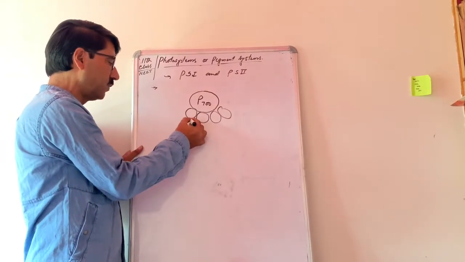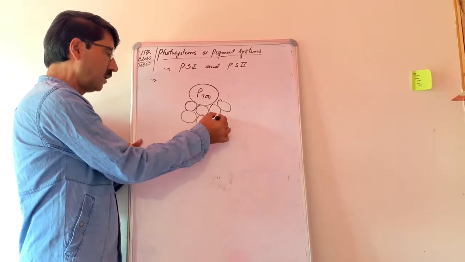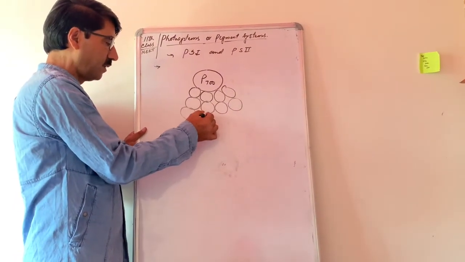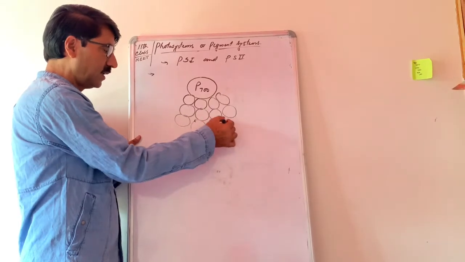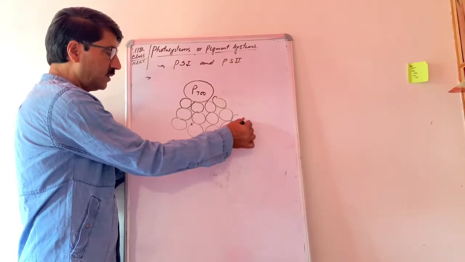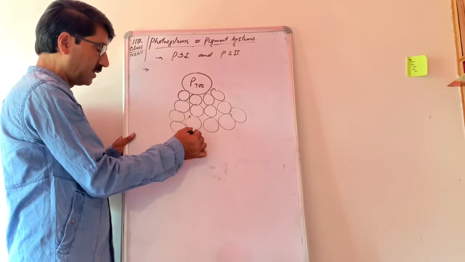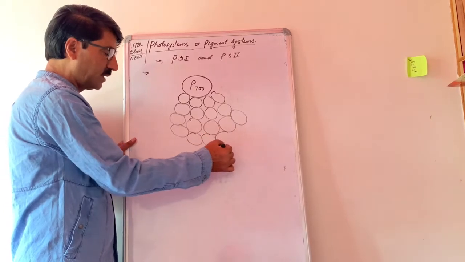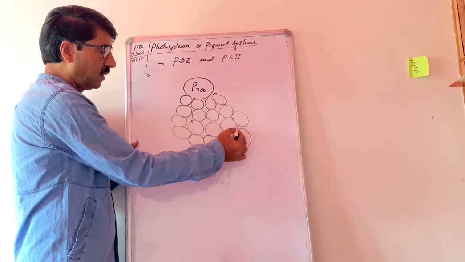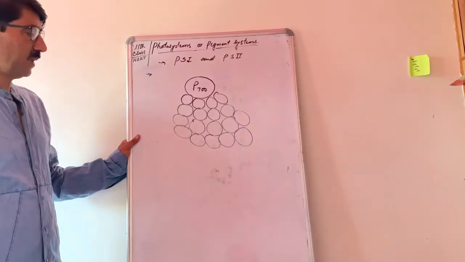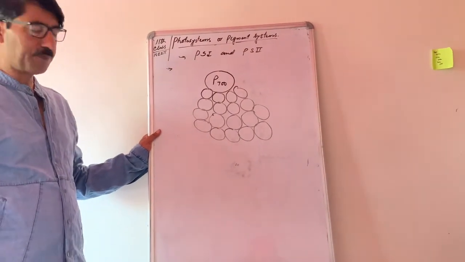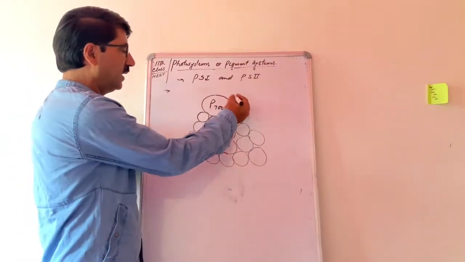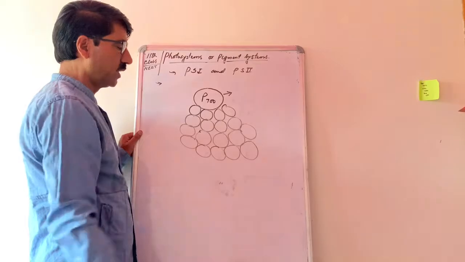These pigment molecules are chlorophyll A's, they are chlorophyll B's, they are carotenoids, that is carotenes and xanthophylls, forming a complex. Remember, they are linked to proteins and forming a complex, that is light harvesting complex, or now we call it as the pigment system or the photosystem. Here in this photosystem there is a reaction center or photocenter.